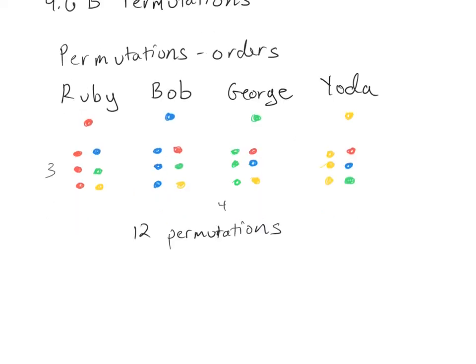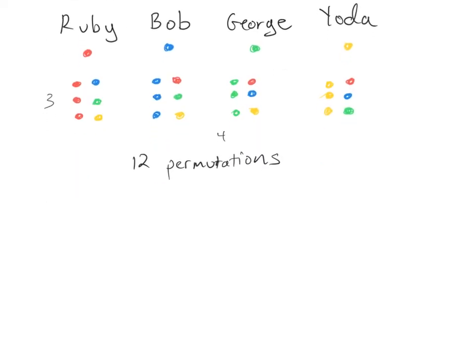If I wrote this as an actual permutation, this would be 4 pick 2, or 4 permutation 2. I like to say 4 pick 2. In terms of our permutations, there were 4 possible people. We could only pick 2 of them. What are the permutations? There are 12 of them.